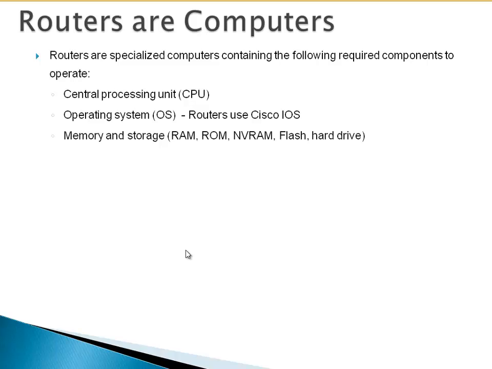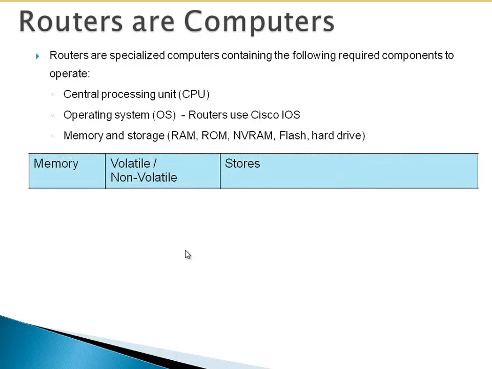And they need memory and storage: RAM, ROM, NVRAM, flash, and hard drive, and the newer ones. This is the reason why when we directly connect a PC to a router, we need a crossover cable, because routers are just like any other computers, just specialized computers.